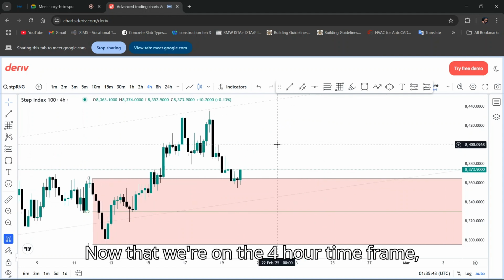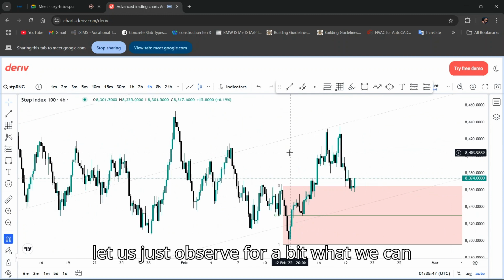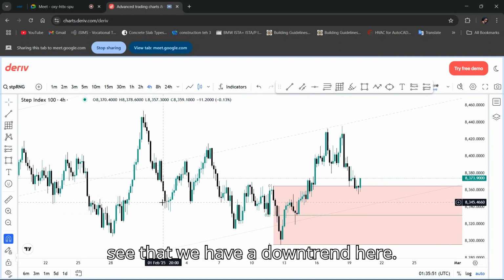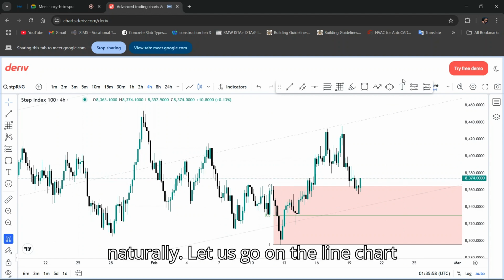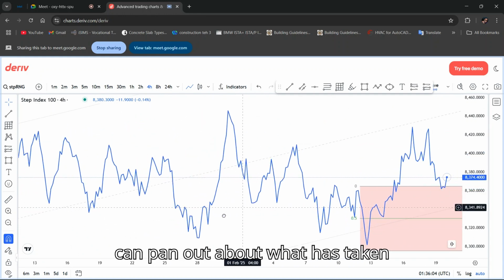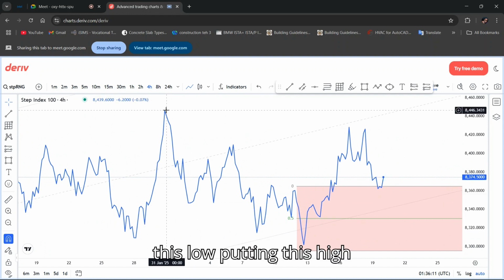Now that we're on the 4 hour time frame, let us just observe for a bit what we can see regarding structure. We can see that we have a downtrend here, the same downtrend that we highlighted. Naturally, let us go on the line chart for a bit and see what we can pan out about what has taken place here. This low put in this high.